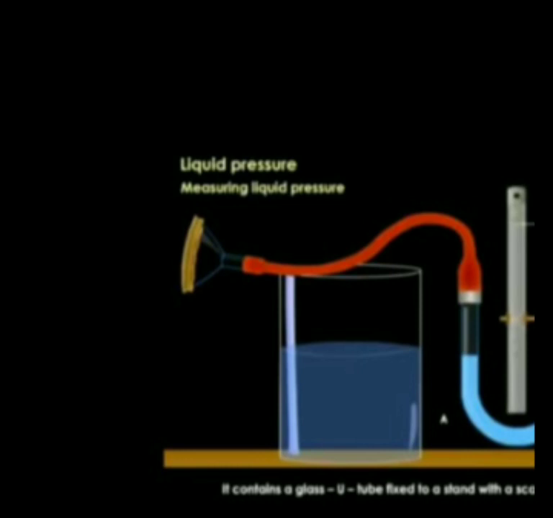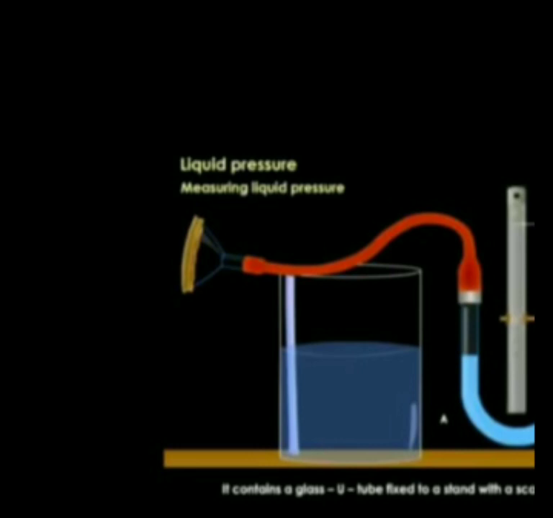There is a funnel, and the mouth of the funnel is covered and tied with a rubber sheet. This part of the manometer, that is the funnel, is dipped in the liquid or the fluid of which pressure you want to measure.